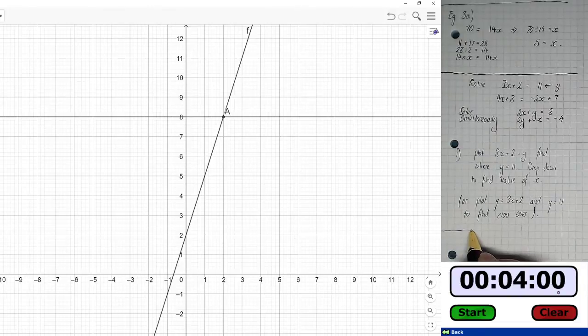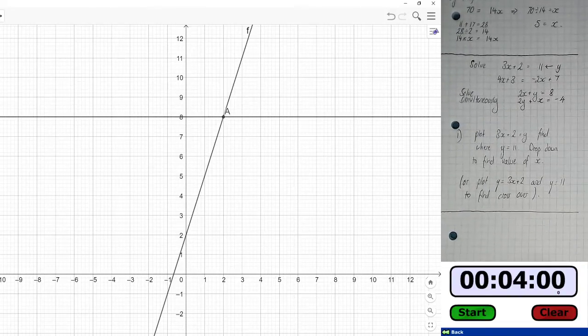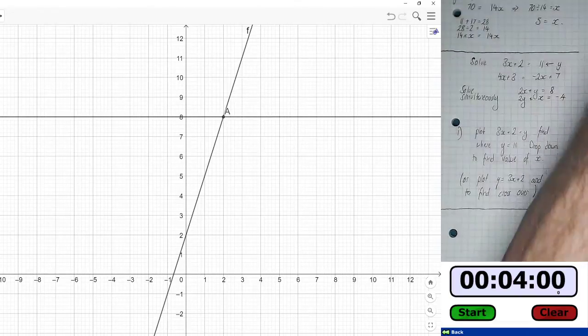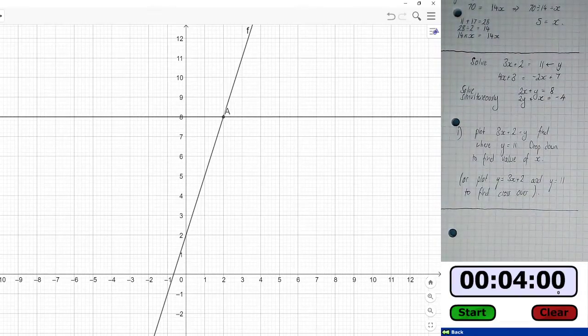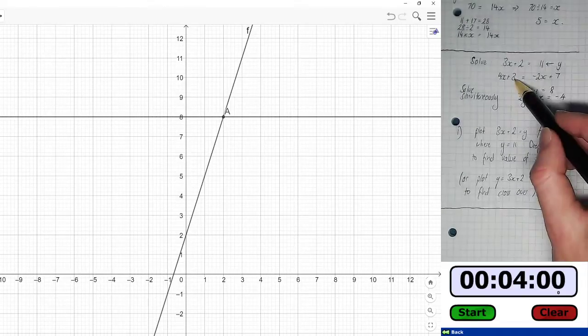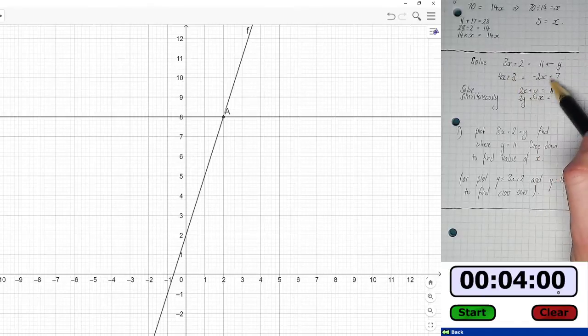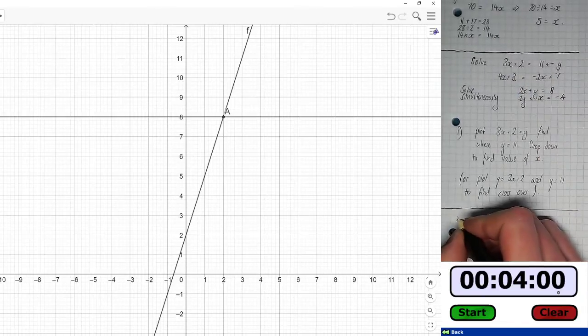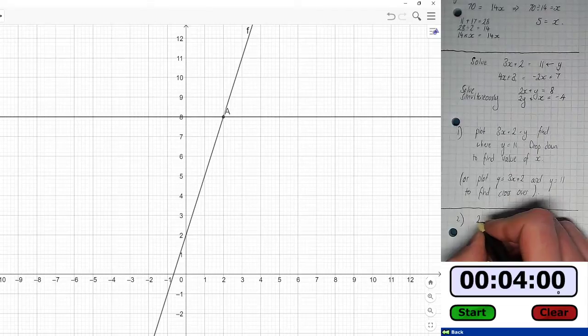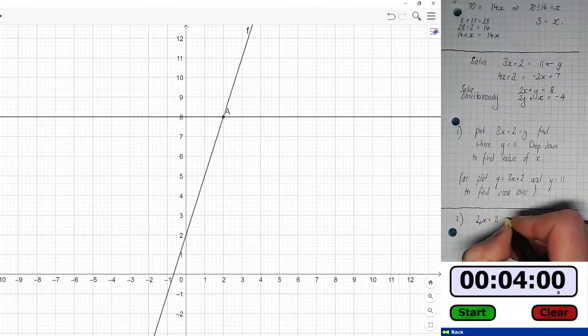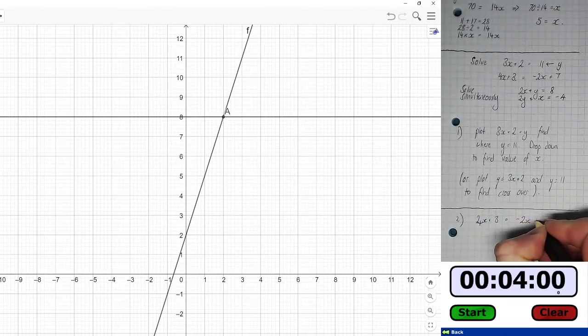Now, if we start to get more complex equations, we just continue to look for the point where these two equations cross over, where they intersect. For example, this equation here, where we have 4x plus 3 is equal to negative 2x plus 7.